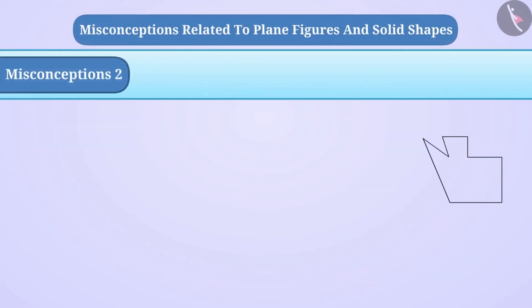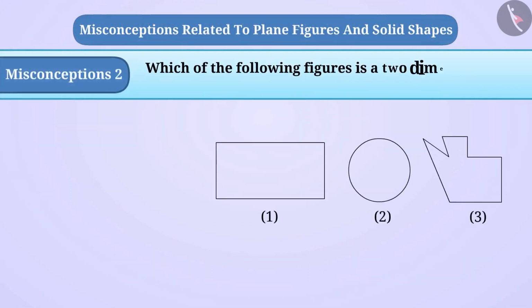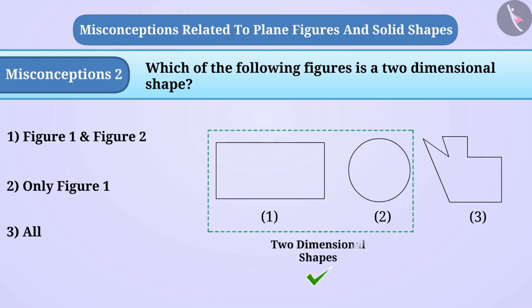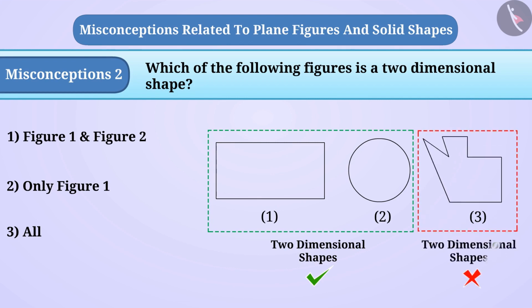Misconception 2. Which of the following figures is a two-dimensional shape? Some children understand that only geometric shapes like rectangle and circle are two-dimensional shapes. So, they think that figure 3 is not a two-dimensional shape. So, they give option 1 as an answer, but this is a misconception.